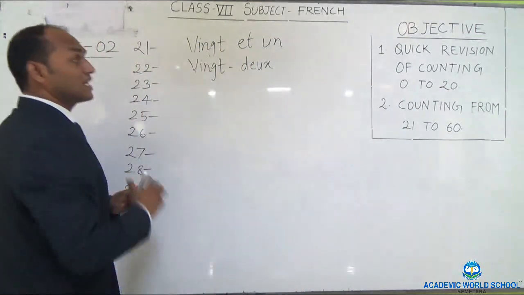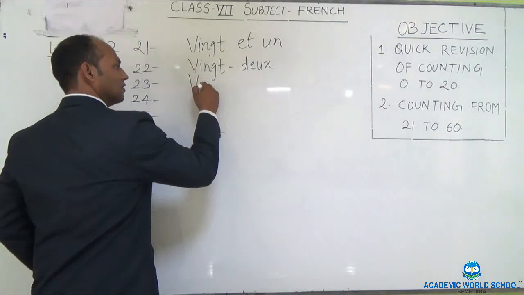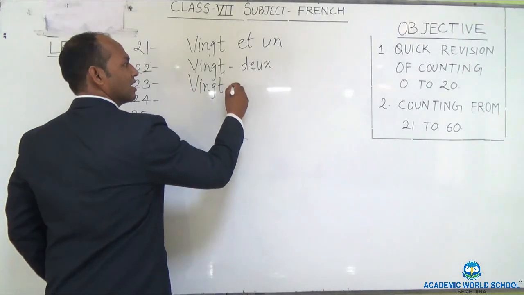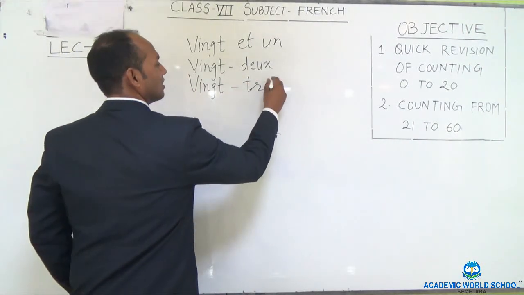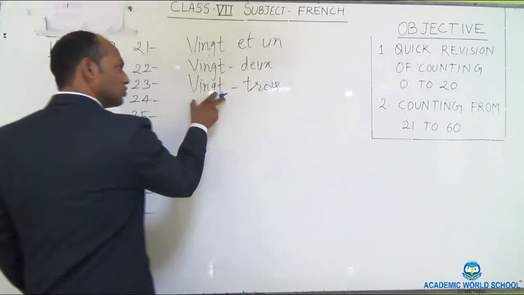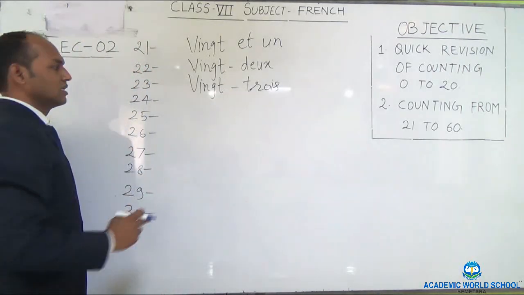For 23, what shall it be? Vingt-trois: trois means 3, vingt means 20, so 23.